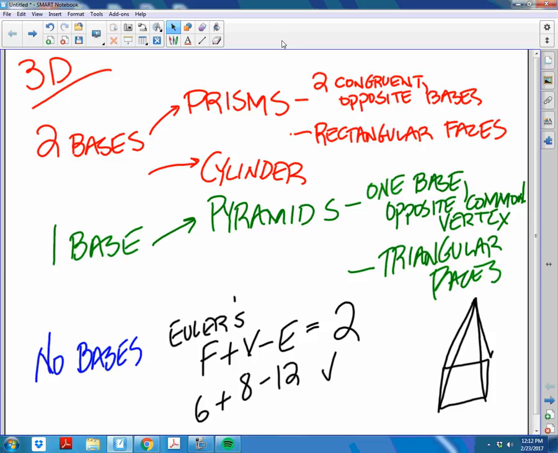It is still named after its base. And if you look at the sides, the faces are triangular. See what I mean by a common vertex? So the base is opposite that common vertex.